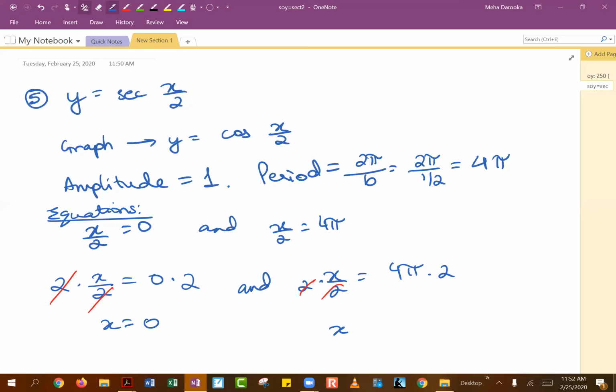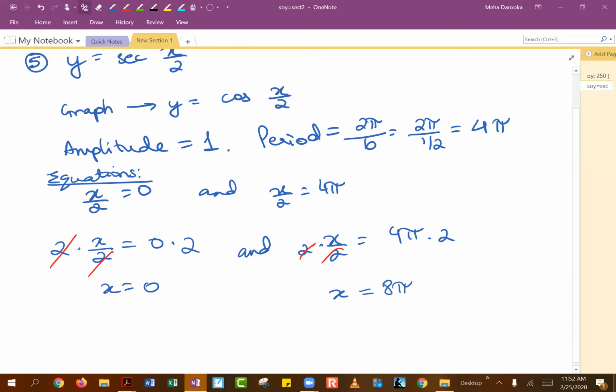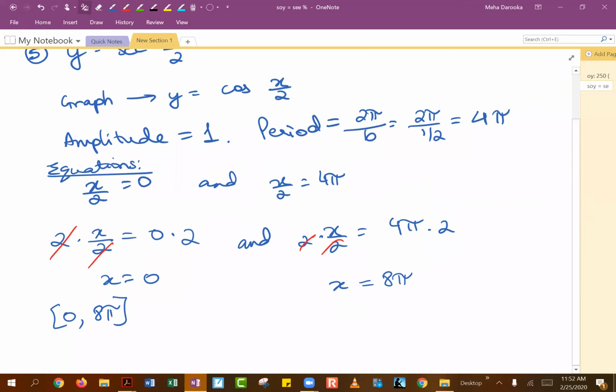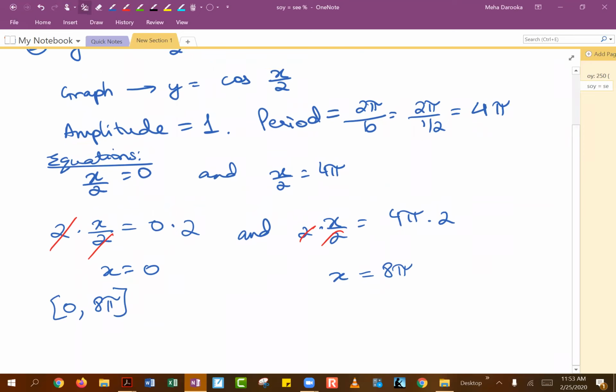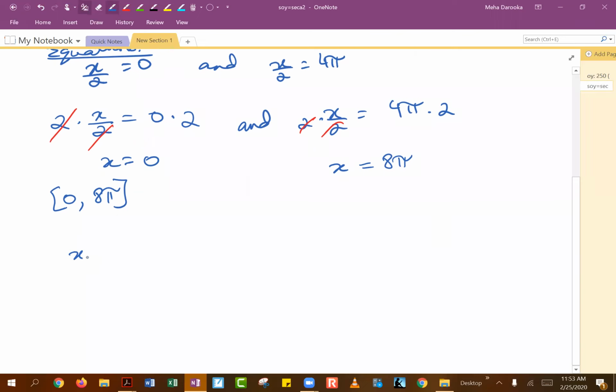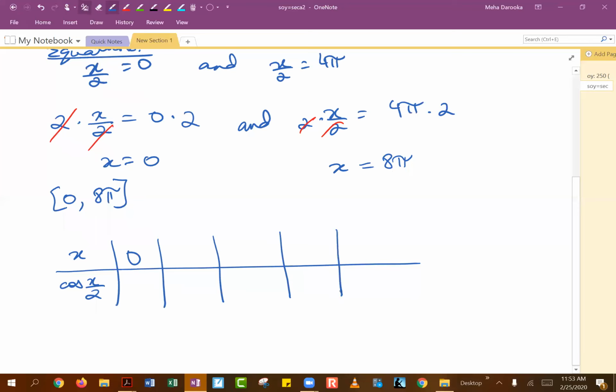Alrighty, so that gives us 8 pi, which means our interval for this function is now going from 0 to 8 pi. Are we okay so far? Okay, so again, like we did before, let's find our key points, and we're doing this for cosine of x over 2, starting at 0 and finishing at 8 pi.